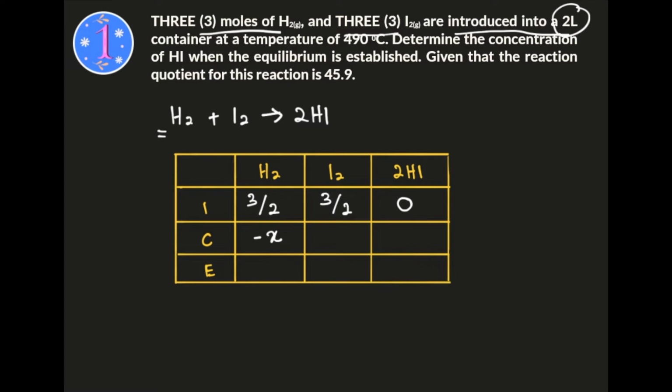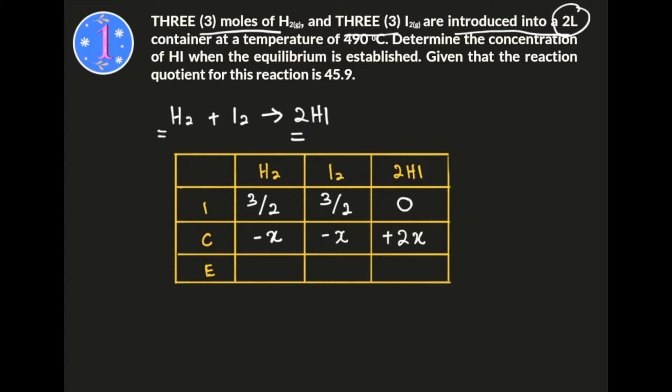So whatever is in the reactant must be negative because the amount of reactant shall decrease to produce the product. So same goes with iodine, negative X. Right? So when you look at your hydrogen iodide, you have 2 over here. Since it is the product, it has to be positive and you have 2 over there, so 2X.